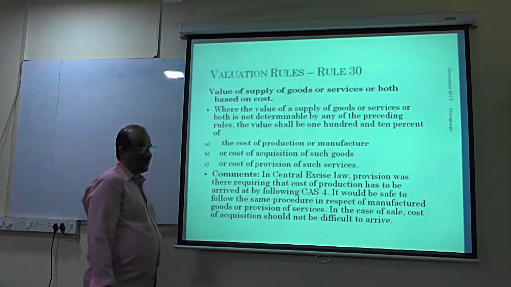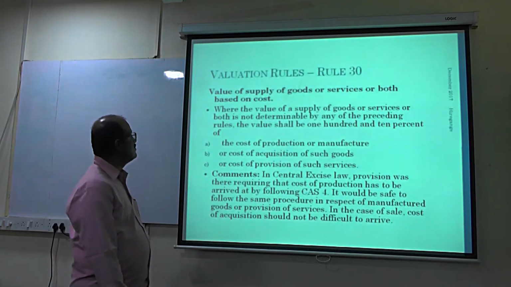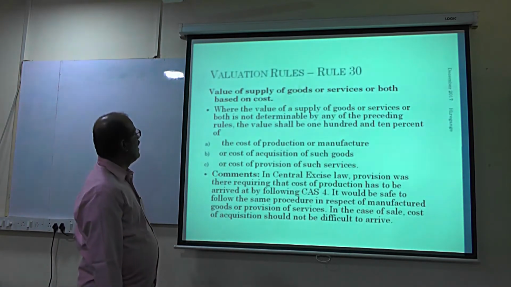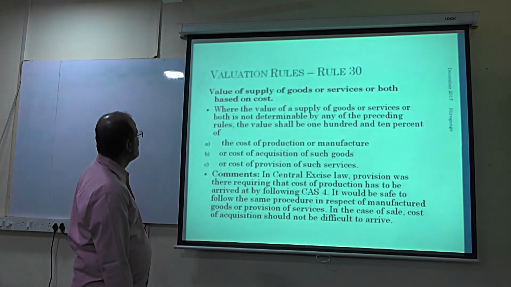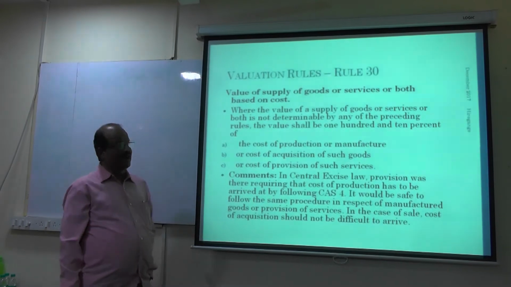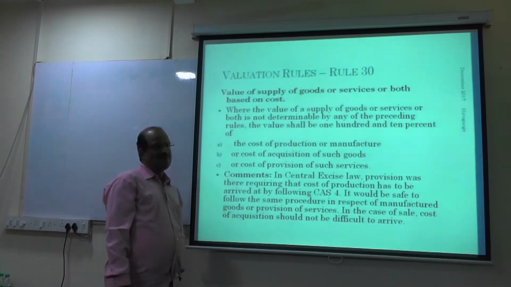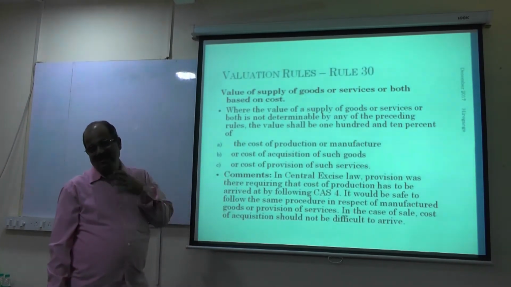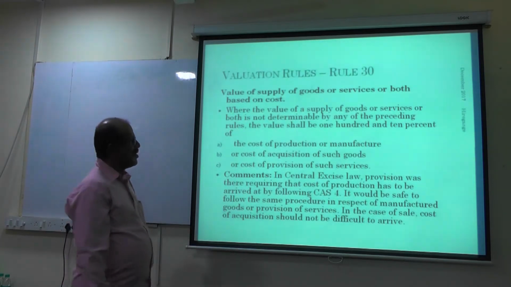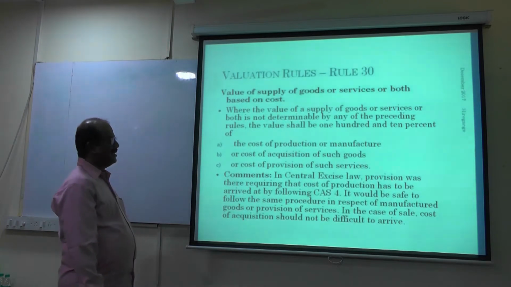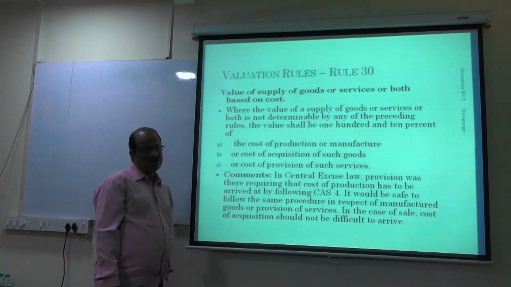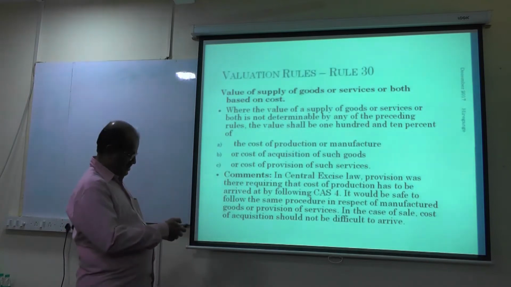Rule 28 and 29 deal with supplies through the agent, and after we dealt with Rule 27, which has to be taken into account when the consideration is not wholly in money, Rule 28 deals with supplies to distinct persons or related persons.